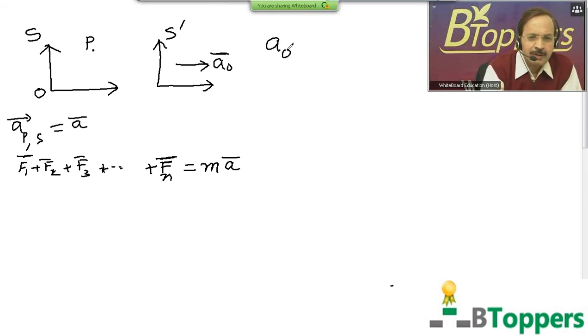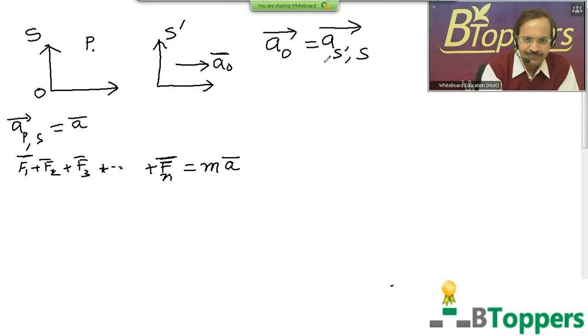That means here a naught bar is acceleration of the frame S dash with respect to the frame S. When you write a bar subscript S dash comma S, it means acceleration of the frame S dash relative to the frame S. When you write a bar subscript P comma S, it means acceleration of the particle with respect to the frame S. That means here a naught bar represents the relative acceleration of the frame S dash with respect to inertial frame S. This frame S is inertial. So S dash we call non-inertial frame of reference.